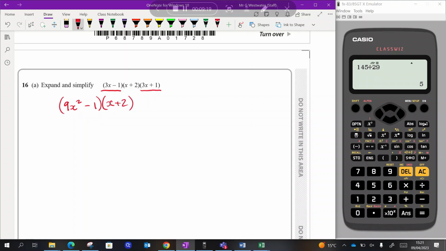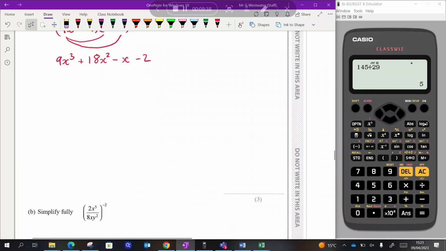So 9x squared times x is 9x cubed. 9x squared times 2 is plus 18x squared. Minus 1 times x is minus x. And minus 1 times 2 is minus 2. So there we are: 9x cubed plus 18x squared minus x minus 2.